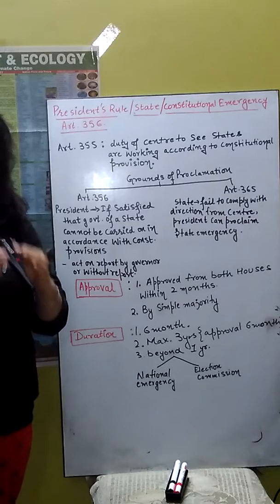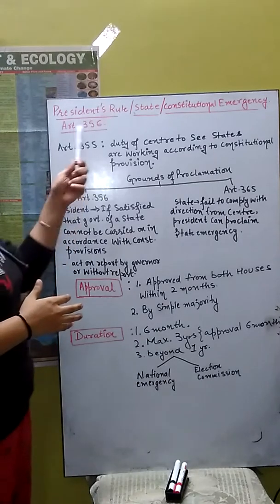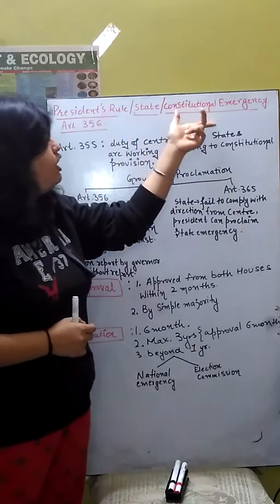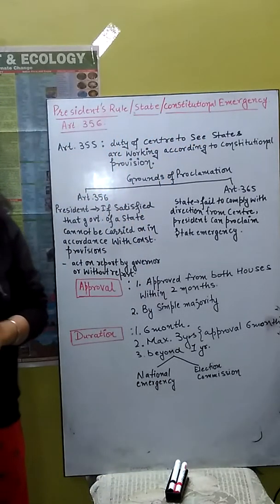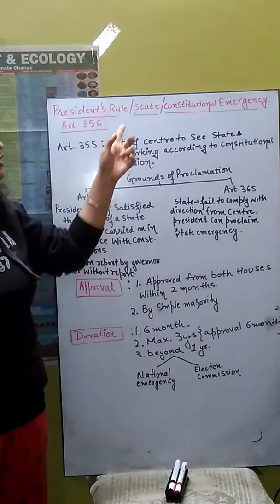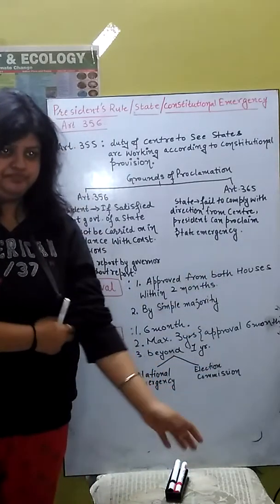First of all, we should know what are the other names of President's rule. The President's rule is also called state emergency or constitutional emergency. So it is famous by three names: President's rule, as we all know, state emergency and constitutional emergency.